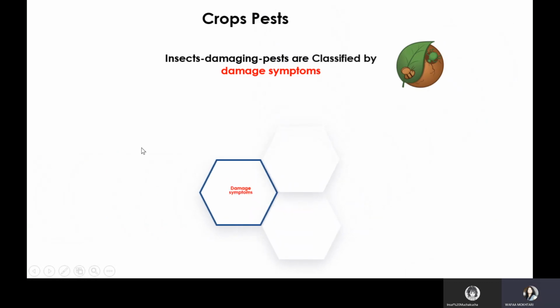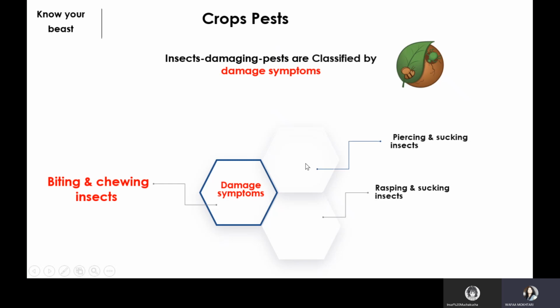Before talking about the pests, you should know that almost all insect pests are classified by damage symptoms, which means that whatever the insect is, it is most often about the damage they do to the plants.